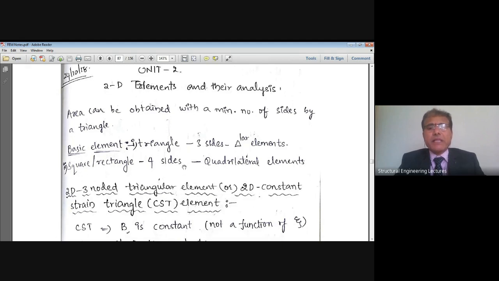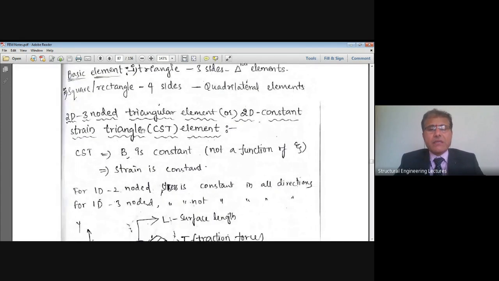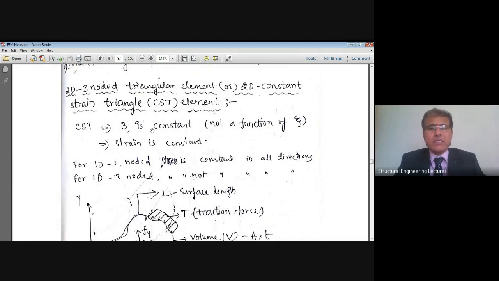Similarly, another basic element is a rectangle with four sides, or quadrilateral. Quadri means four, lateral means sides or faces, right? In this class we shall see the discussions on the 2D constant strain triangle, the three-noded triangle.